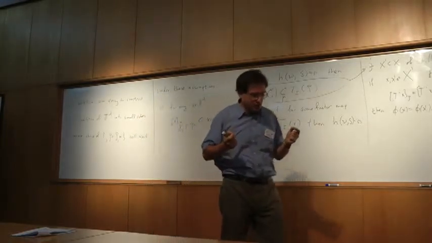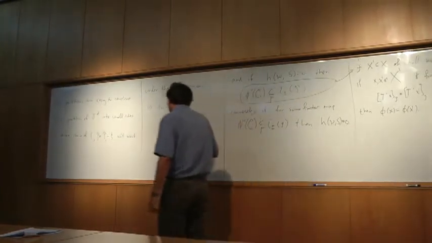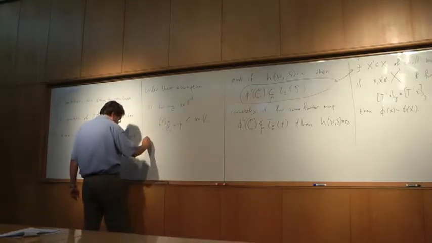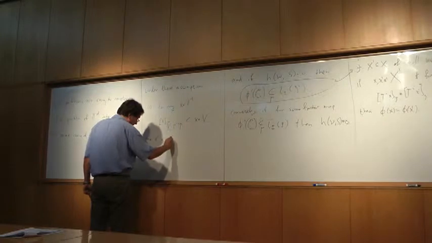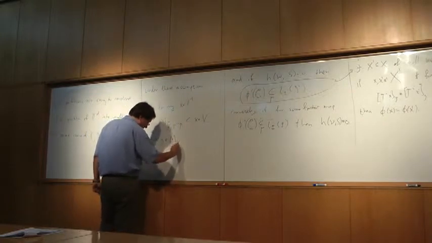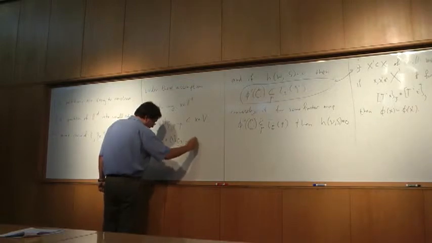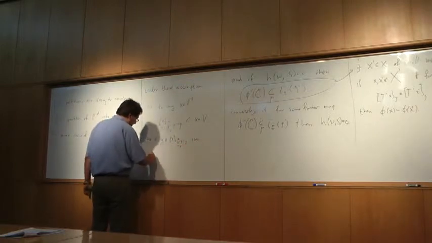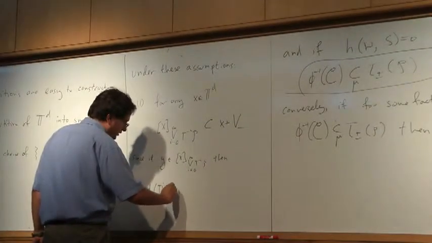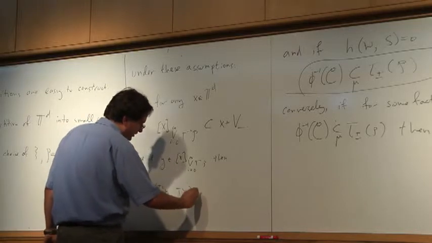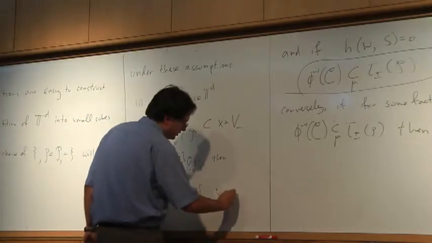This will be inside there because if y is inside this set, then in particular the distance between T to the i y and T to the i x would be less than delta for all i positive.